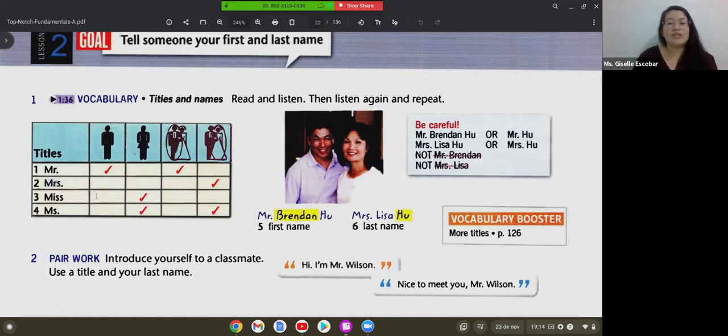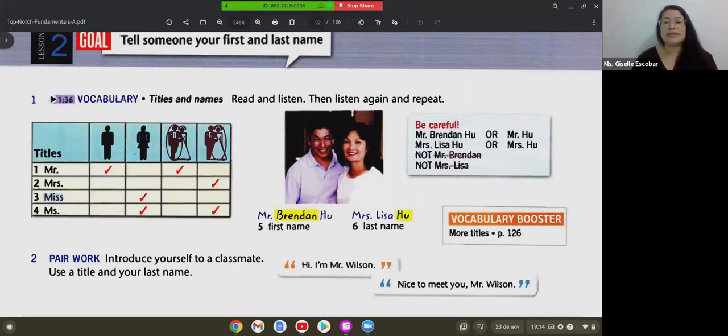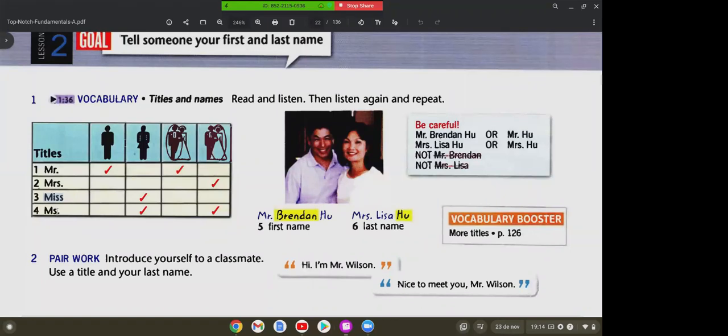So it's pretty much the same. Mr., can you repeat? Mr. Mrs. Miss, can you repeat? Miss. So we have number 5 right here.